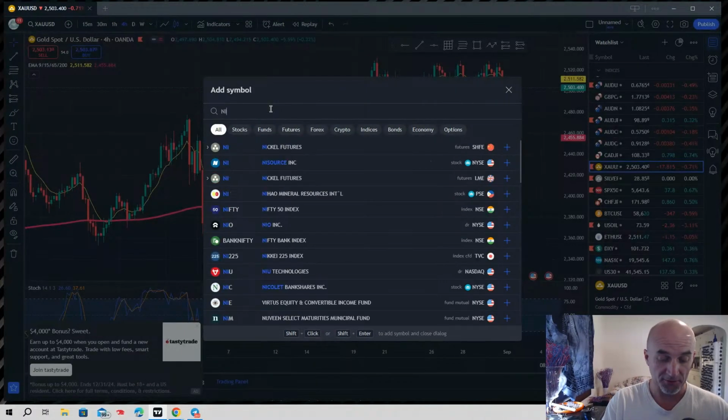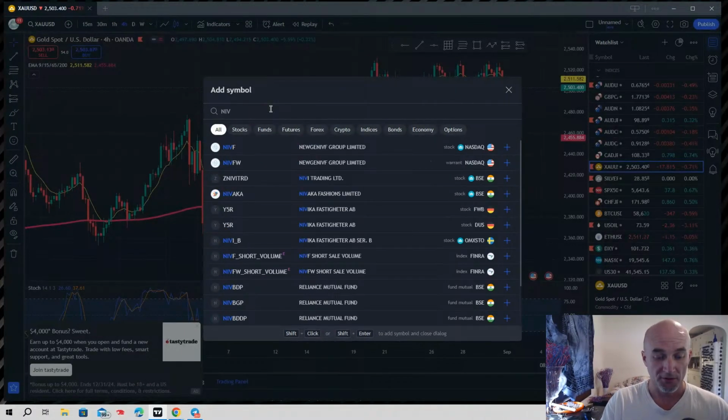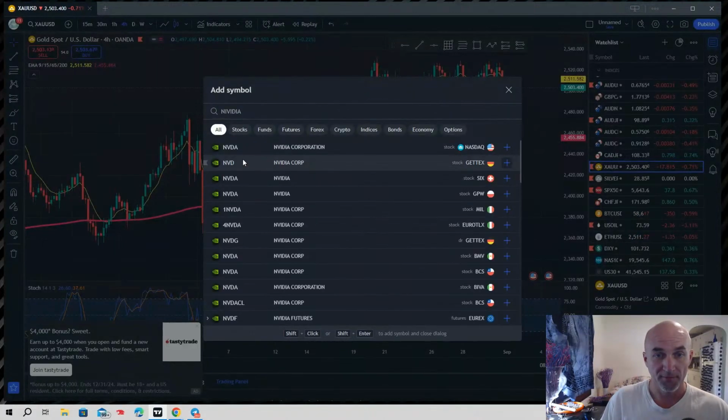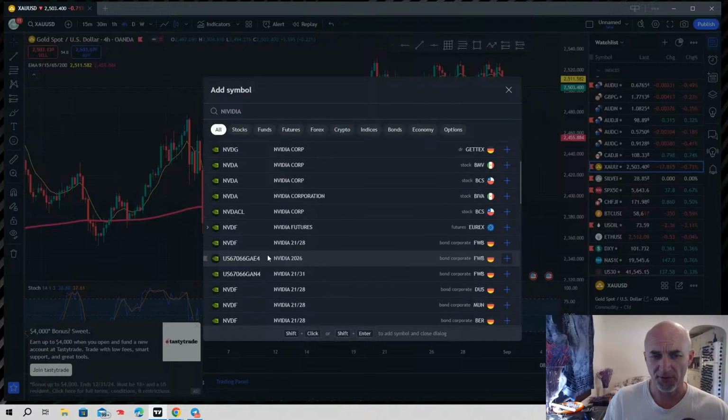Say you want to look up NVIDIA. NVDA, there you go. On the NASDAQ, you hit the plus button. And these are different brokers, I believe.